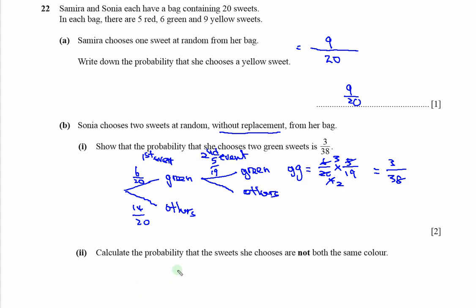Okay. Now we're going to look at the other one. Calculate the probability that the sweets you choose are not both the same color.